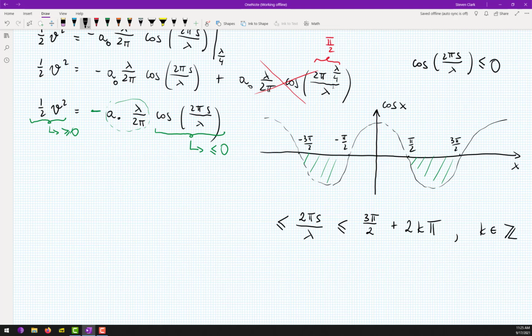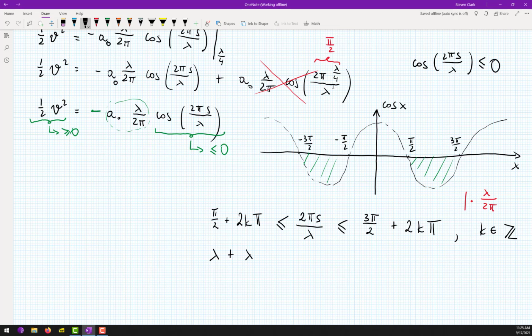Yeah, and we have to do the same in here. Pi over 2 plus 2k pi. Okay, so now let's multiply our thing by lambda over 2 pi, and we will end up with the following thing.